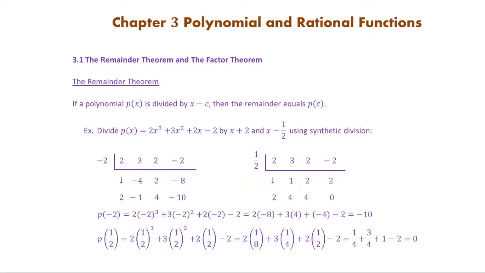And you put 2 up, so multiply up, under the 2 of the coefficients. And then you add 2 with 2, you get 4. And then you multiply 1/2 with 4, you get 2, put it under negative 2, so you get negative 2 plus 2, you get 0. So in this synthetic division, p(x) divided by x minus 1/2, the remainder is 0.